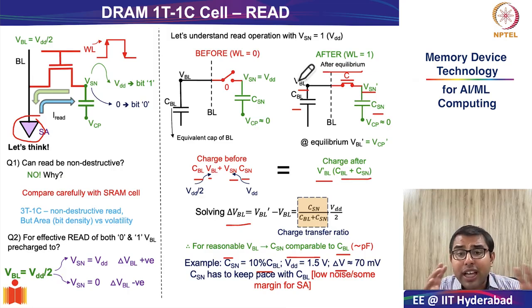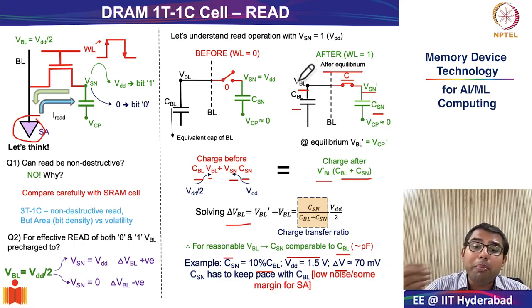If there is not sufficient so-called sense margin, which is the technical term, if this delta V is not very large, it will be affected by all kinds of noise in the system.